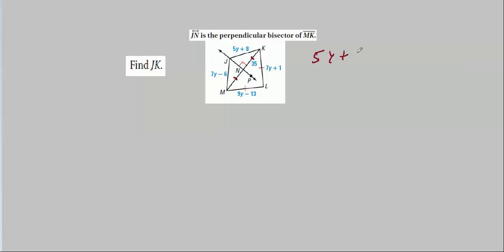So we can write 5y plus 8 equals 7y minus 6. Add 6 to each side and subtract 5y, and y equals 7. But they wanted the distance from J to K. 5 times 7 is 35.